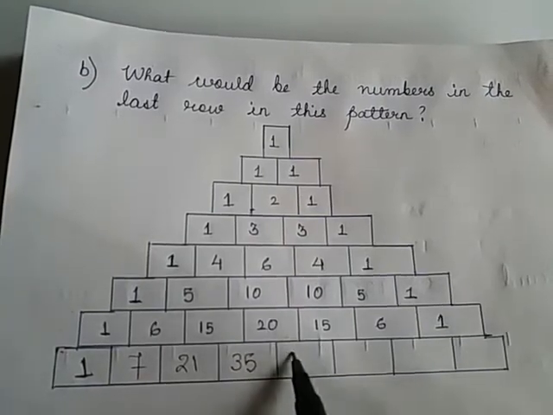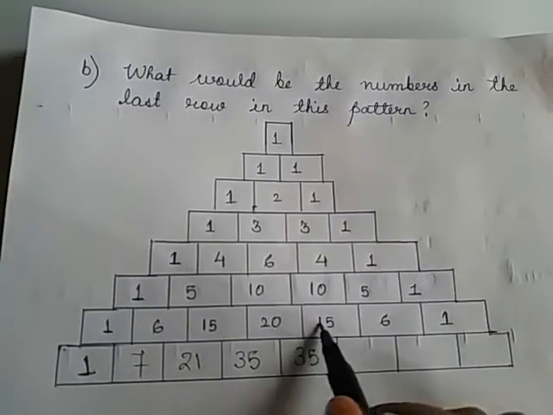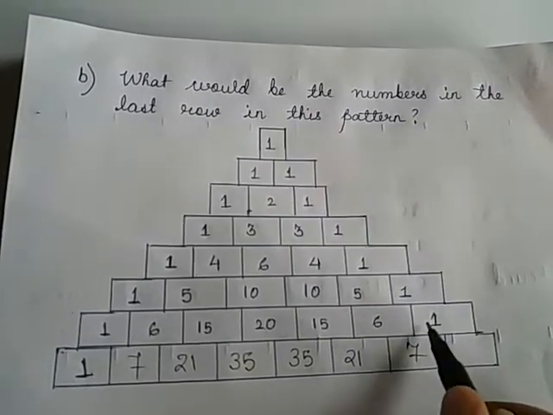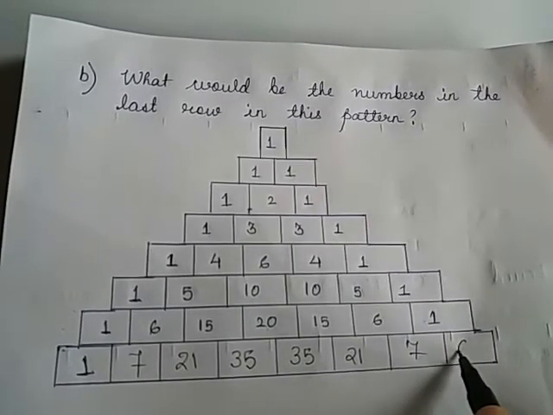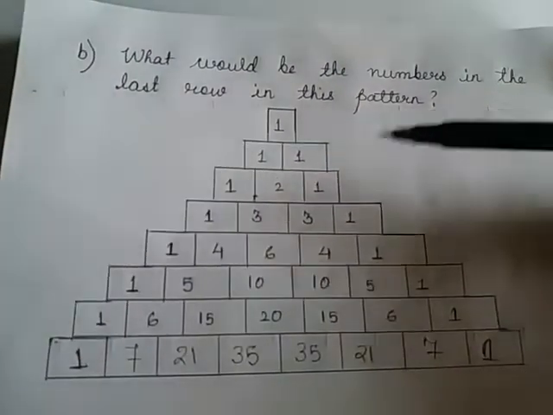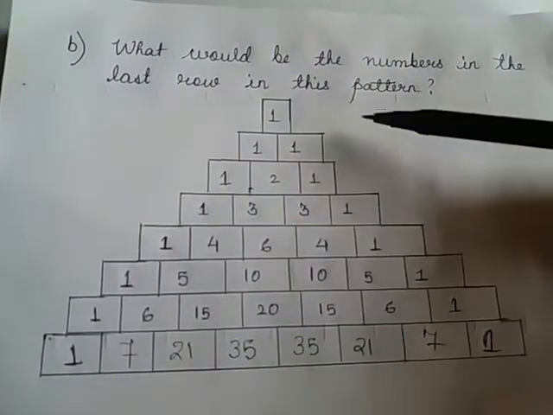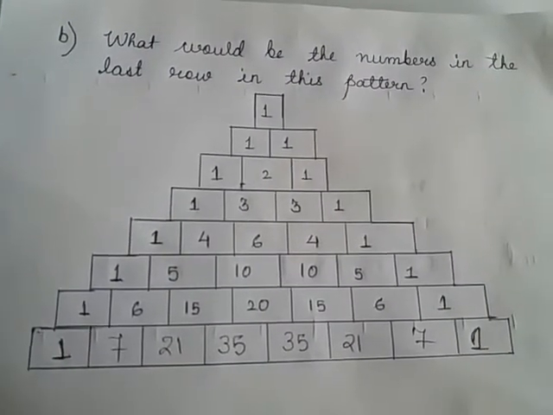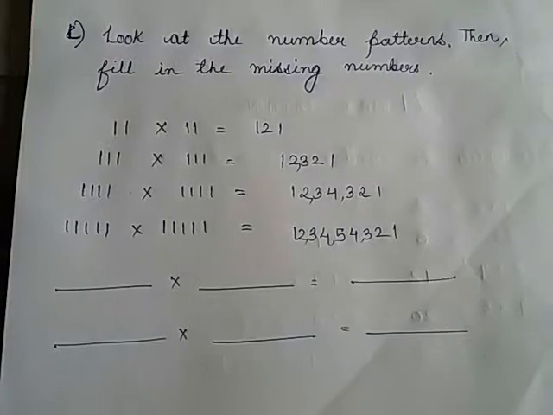Again 20 plus 15 is 35. 15 plus 6 is 21. 6 plus 1 is 7. 1 plus 0 is 1. So this is the pattern that they have followed in this number pyramid. Let's go to another question.